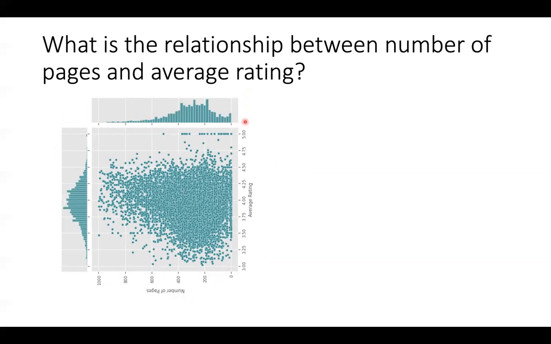In this place is the average rating of 3, and the highest is the average rating of 5. We can see that the books with the highest average rating usually lie between this range. This line corresponds to 400 pages, and this line corresponds to 200 pages.